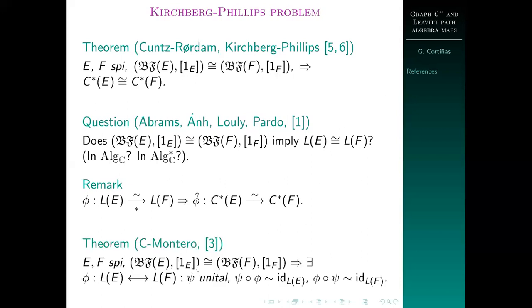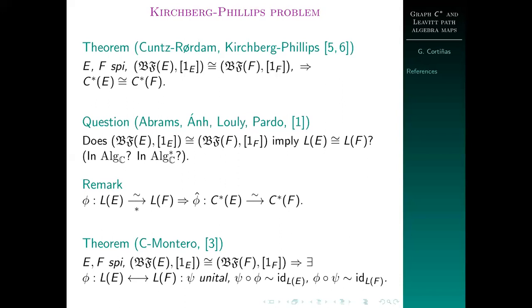And so what we showed with Diego Montero in a paper that appeared in Advances, I think in 2020, is that under the same hypothesis of the Cuntz-Krieger theorem, the Leavitt path algebras, LE and LF, are not isomorphic as algebras, but isomorphic in the homotopy category.